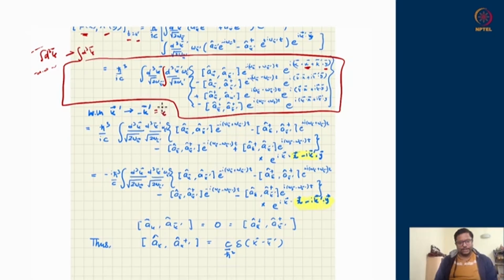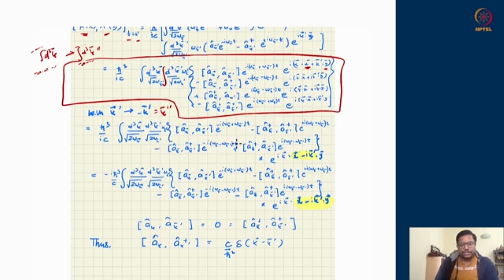Let us call it k double prime. So then it also becomes the same thing. So the measure does not change under this redefinition. Omega k does not change because it is not sensitive to the sign of k. It becomes k square. And we know ak and ak daggers are also symmetric under k going to minus k.